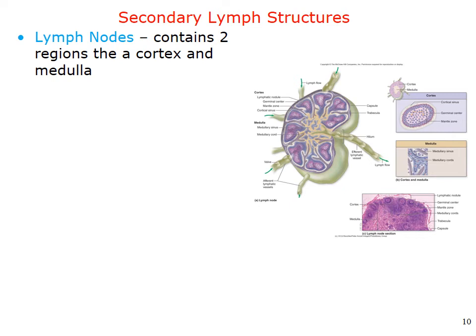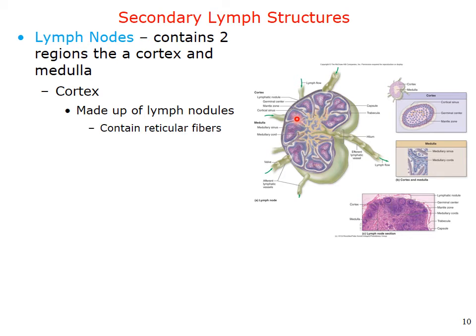Now, when we look more at the internal structure of a lymph node, we can see that it's made up of a cortex and a medulla. The cortex is made up of what we think of as lymph nodules. Each of these structures here is a lymph nodule. They contain those reticular fibers that we talked about.